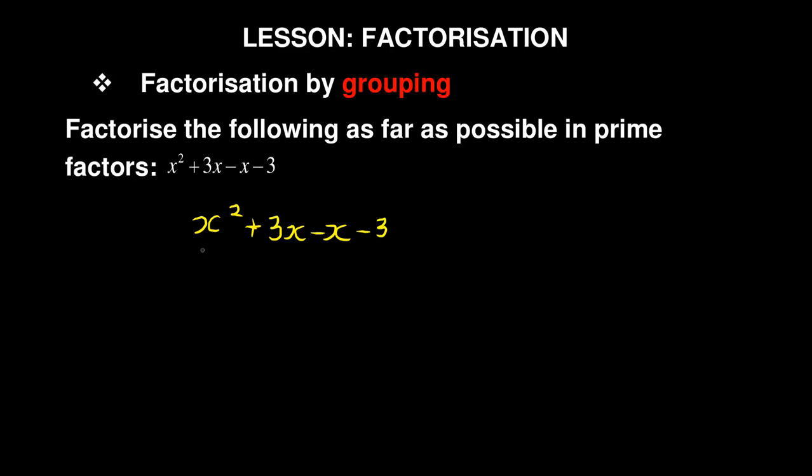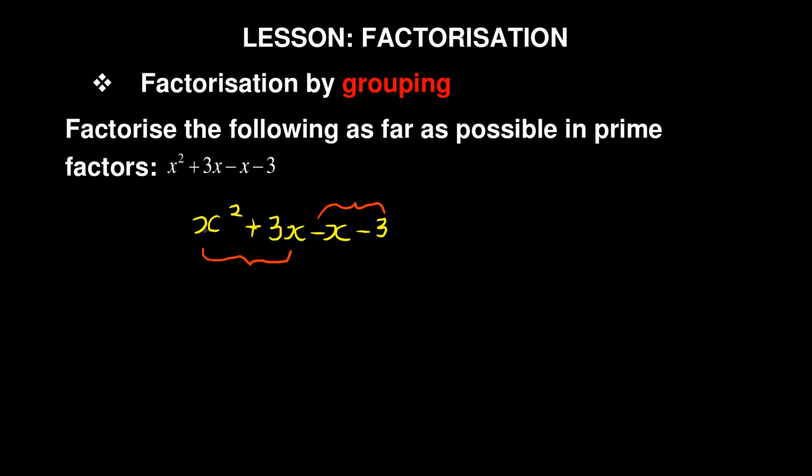So you take the first 2, and also the last 2, and group them like that. In the first 2, you ask yourself what is common, and you take out that common thing, and in the last 2 again you ask what is common and take it out. A few things you need to be aware of I'm going to mention in this kind of factorization. Now let us look at the first 2.